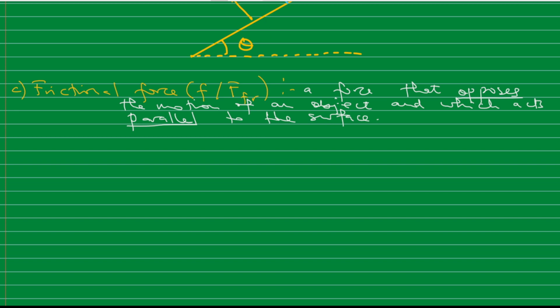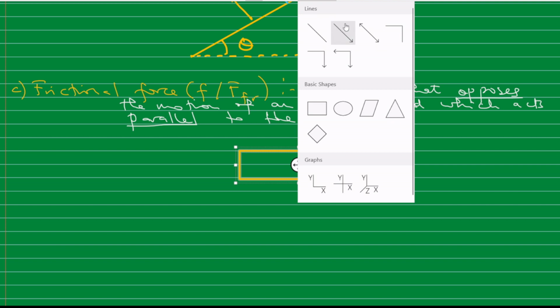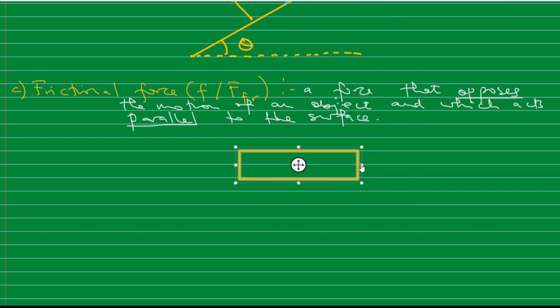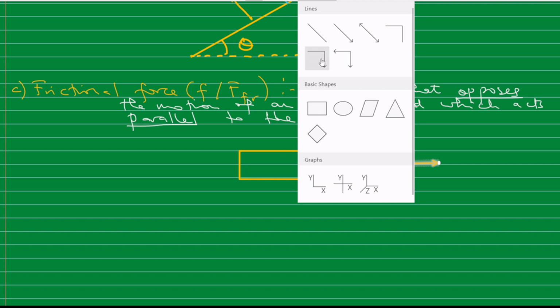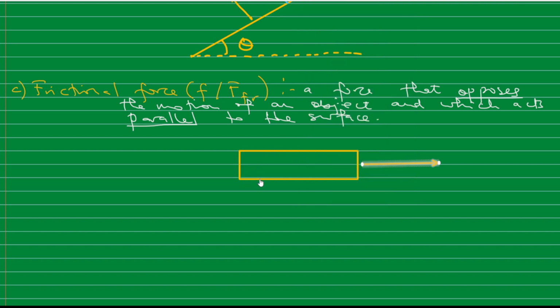So what we need to understand is that when we have a frictional force acting on an object, if we have an object here, and we are moving the object in any particular direction, let's say we are applying a force on that object, and we also have a force that is applied in the opposite direction.